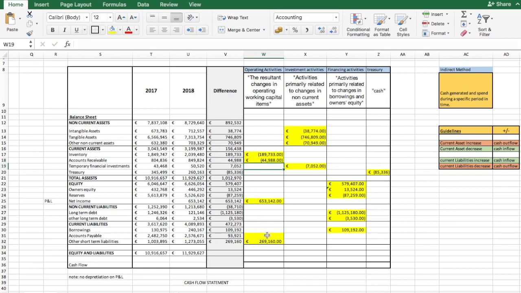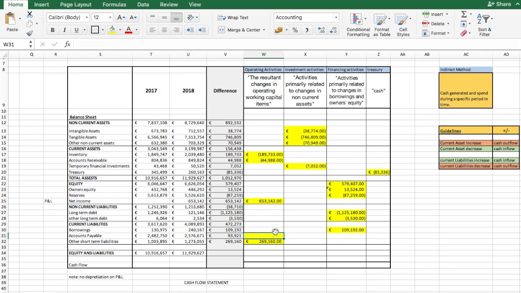Then the last example of operating activities is accounts payable. We can see that over the years, we increased our accounts payable. That means that we're basically leveraging from our suppliers. We're receiving inventory from them that we will convert into cash, but we don't pay our suppliers.